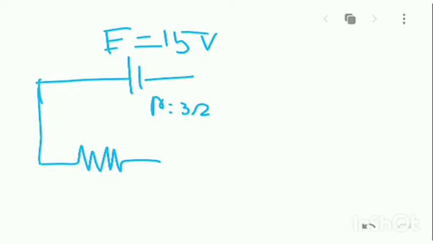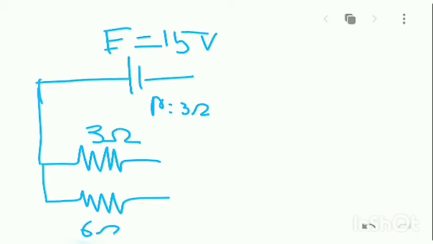One is 3 ohms, another one is 6 ohms. Clear? And then they are joined further. So that's my circuit. I have been asked first the current in the circuit. Clear? So let's first find out what this parallel combination gives us.